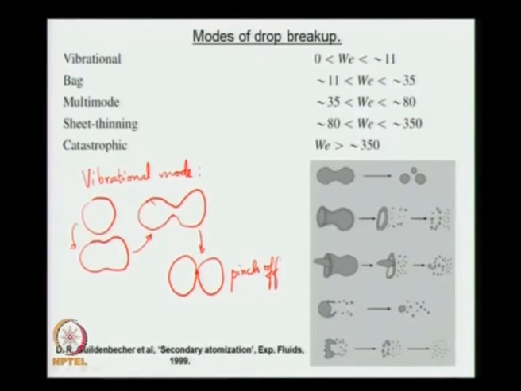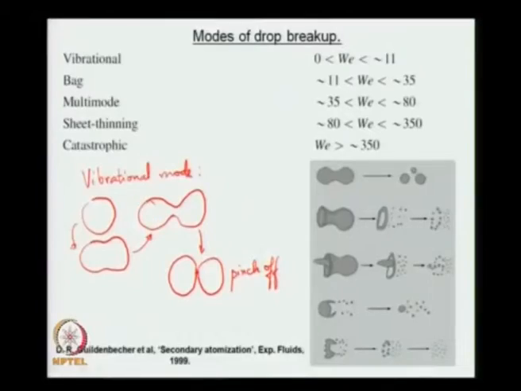I could have a nice spherical drop, but because of the modes of vibration of this drop, it could undergo a breakup by amplification of the vibrational amplitude. That is pictorially shown in this first part. In this particular instance, there is very little preferential direction of the air motion.